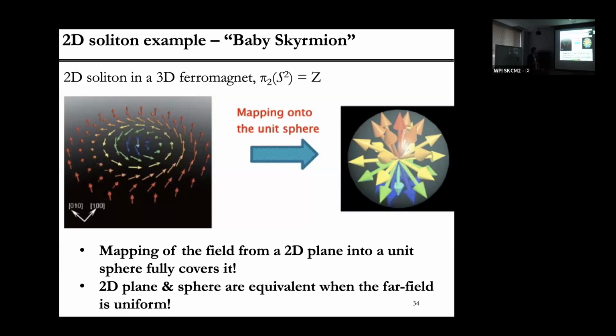The physical space here is 2-dimensional, or R2 in mathematical notation, right? The far field background is uniform, just like for 1-dimensional solitonic walls. In the periphery, far away from such a structure, the spins, so unit vectors, point in the same direction. And therefore, this R2 physical space can be compactified on a sphere.